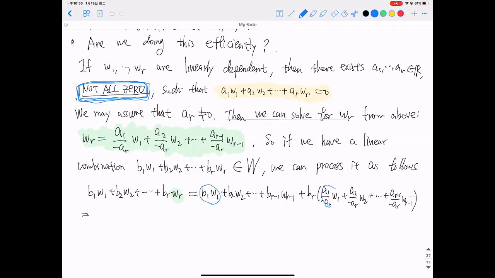I have W1s here, W2s here, and WR minus 1 there. In doing that, I'm going to rewrite this as a linear combination of W1 through WR minus 1.